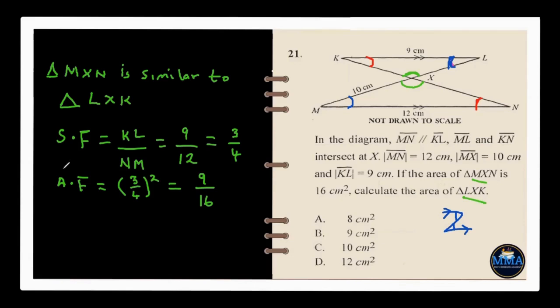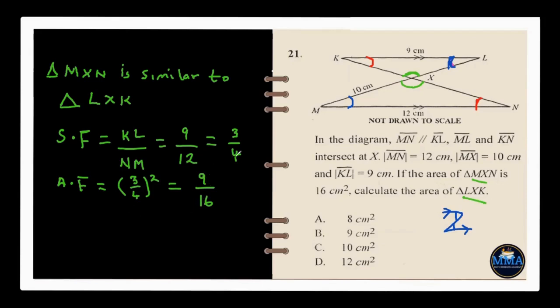That means the actual area of these two similar triangles, if I put them in ratio form, they are going to be equal to this. Remember, 9 is from the small triangle, 16 is for the bigger one.